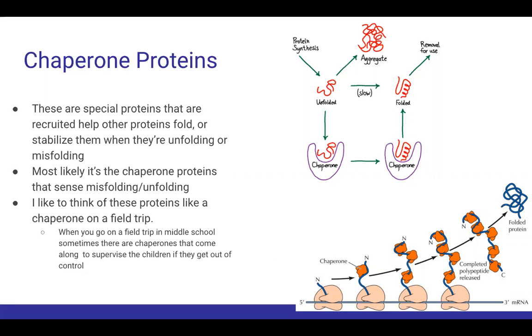The purpose of chaperones on a field trip is they're parents that volunteer to supervise students and make sure they're behaving and not out of control. It's similar in the cell with the UPR response, because chaperone proteins help misfolded proteins fold correctly or behave properly. Does anyone have questions on this slide?